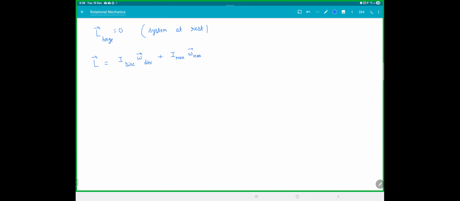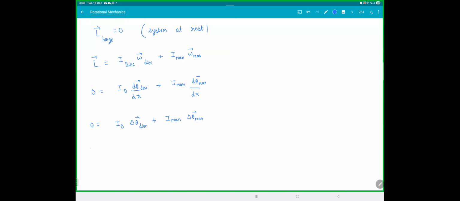The left hand side is zero. Omega will be nothing but d theta by dt. This is d theta disk by dt plus I of the man d theta man by dt. dt goes off, and this will be zero. This will be I of the disk delta theta disk plus I of the man delta theta man.